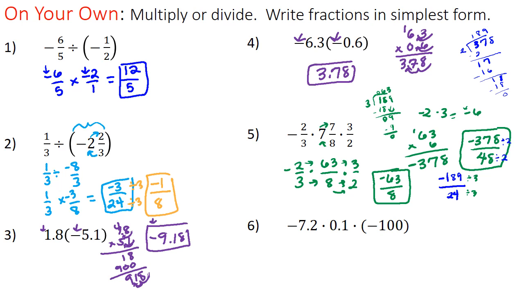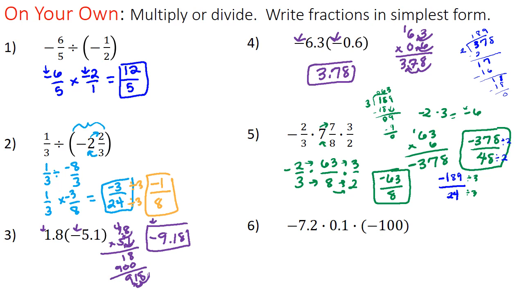Now as we look at this last one right here, we have this negative 7.2 times 0.1 times negative 100. So we're just going to multiply these through. Now it's probably the easiest to start with negative 100 times either one of these numbers, because when we're multiplying by 100, we're just going to move our decimal place to the right by 2.